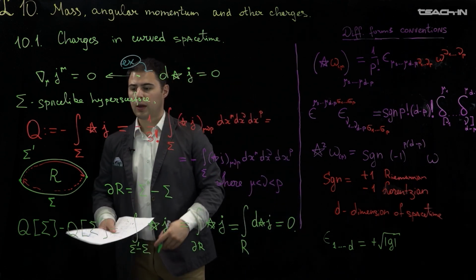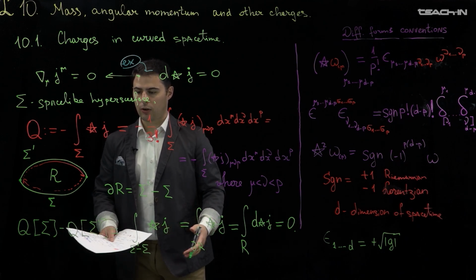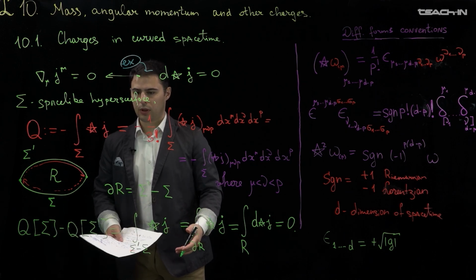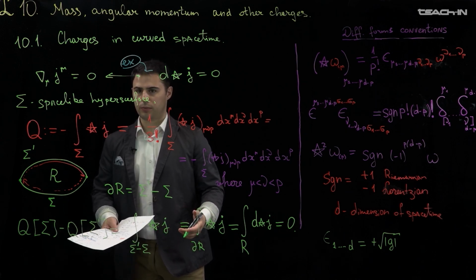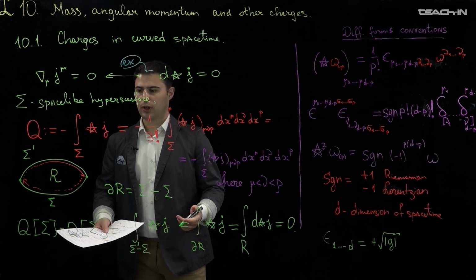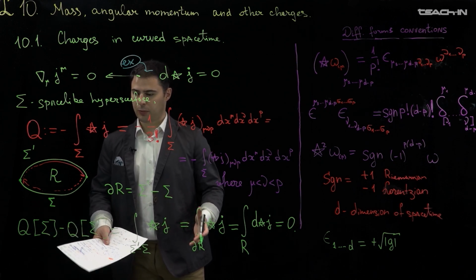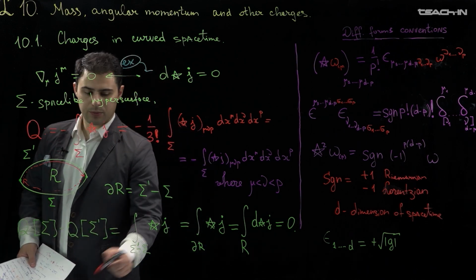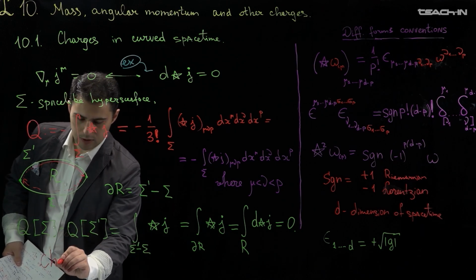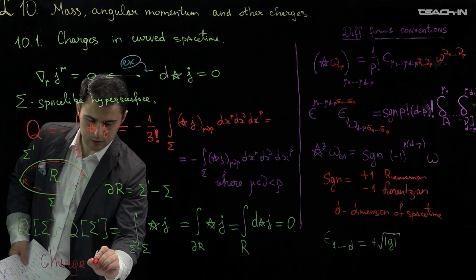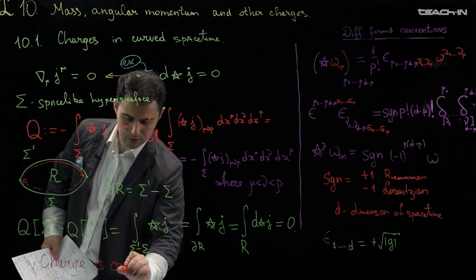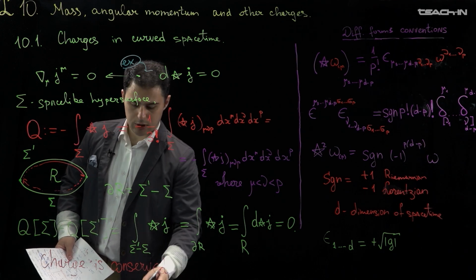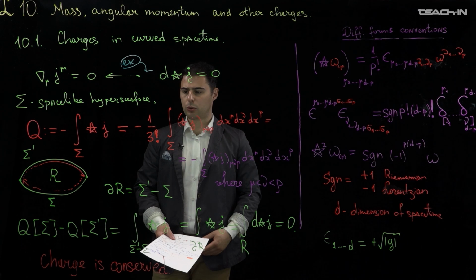In other words, the integral over any two possible space-like hypersurfaces that enclose a closed region of a spacetime is the same. So the moral is that charge is conserved.